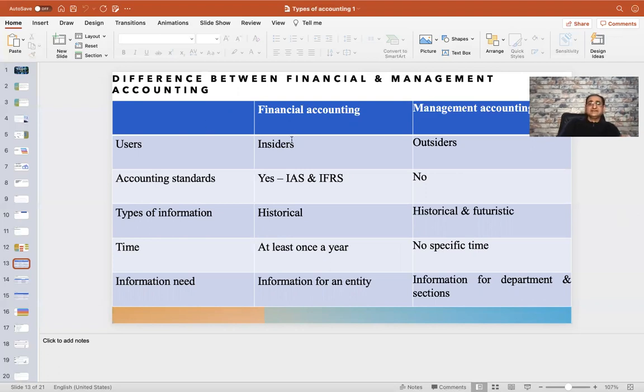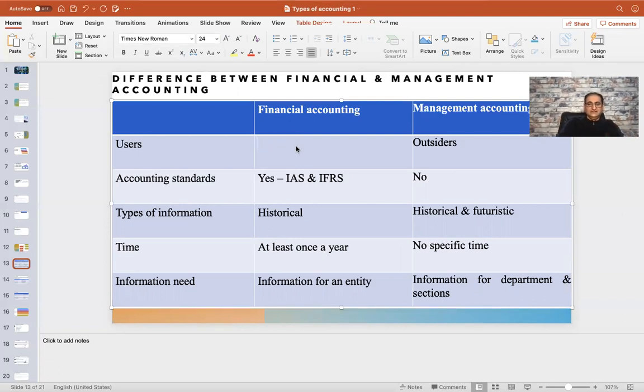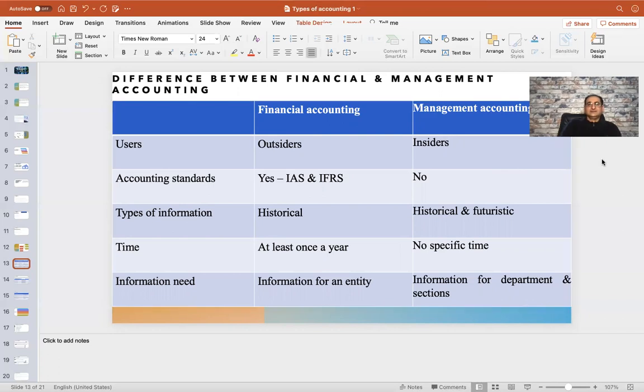The users of financial accounting are the outsiders, like creditors, suppliers, investors, potential investors, HMRC. All of them are the users. And for management accounting reports, who are the users? The users are insiders, managers.